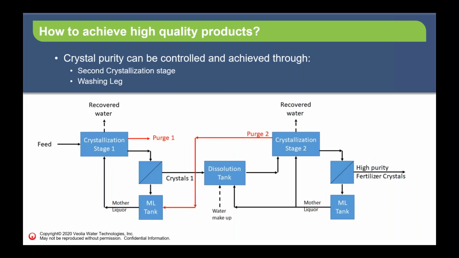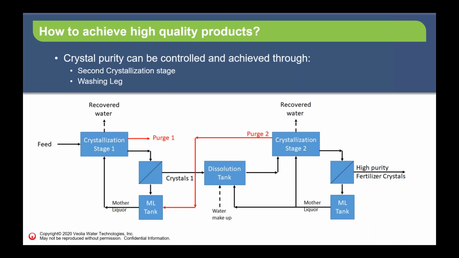Another way to control purity is to perform a second crystallization stage. Basically, the first crystallization stage is similar to what I showed earlier in the previous slide. But once you get these crystals, which I called crystals 1, they are dissolved using mother liquor and some water makeup, or sometimes just water.